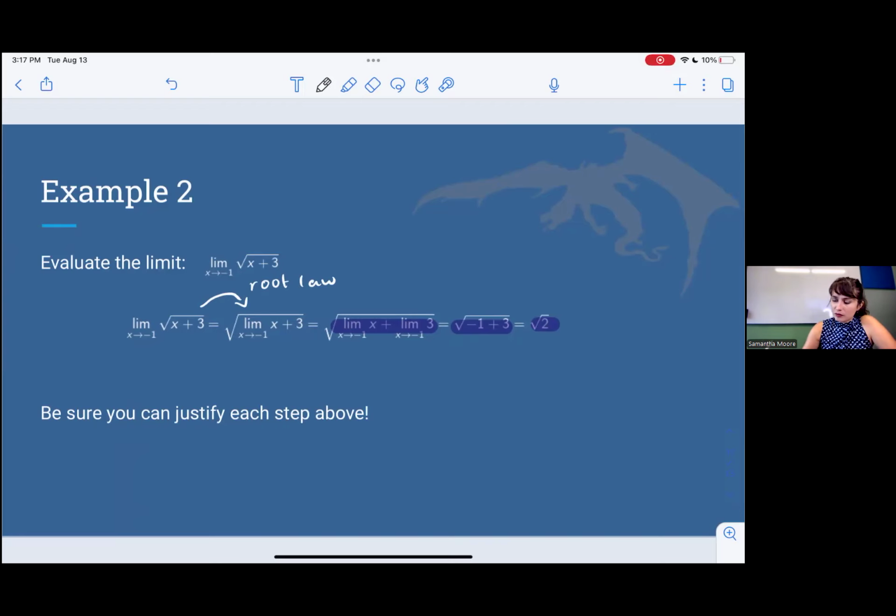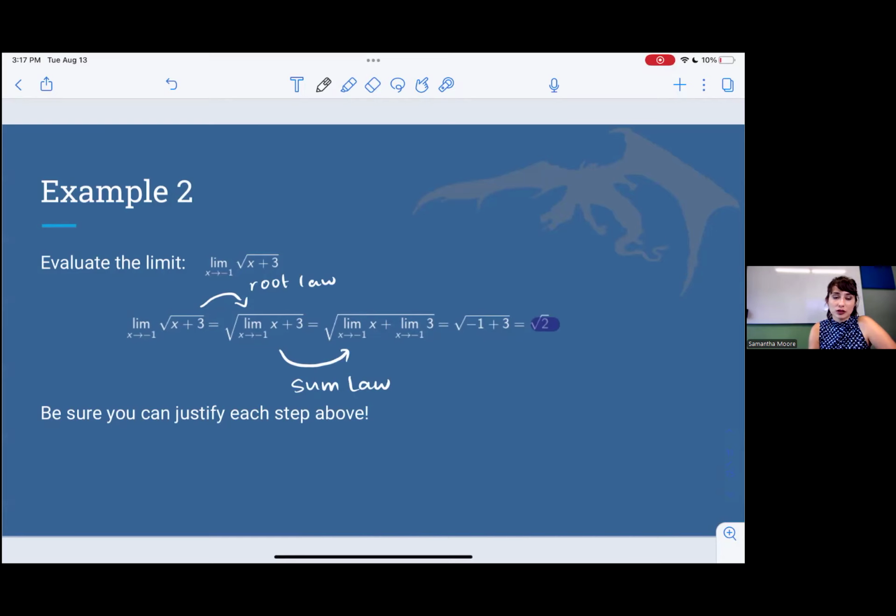And then my limit is being applied to x plus 3. So that's a sum law, right? I have two functions being added together. And so I can break that limit into the limit as x approaches -1 of x, and add on the limit as x approaches -1 of 3. If we think about each of those limits, we're now at the case where we can logic through.